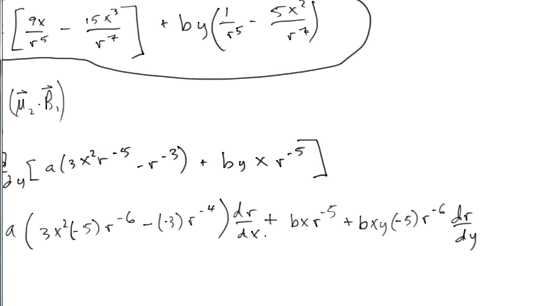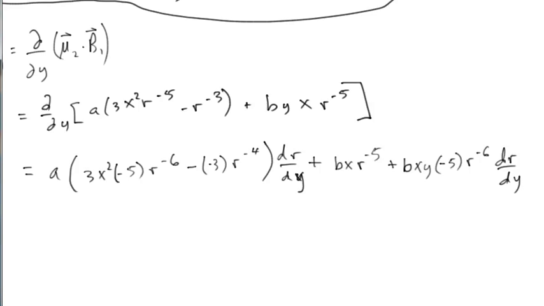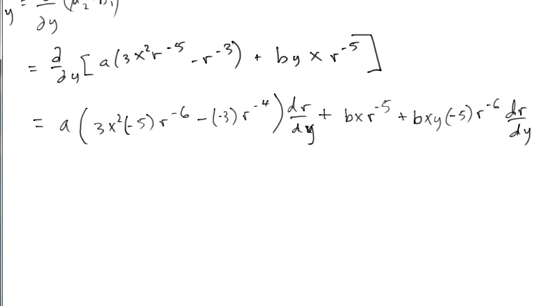I got to straighten that out. That's dr by dy. I'm taking the derivative with respect to y this time. Partial. So let's simplify that a little bit. That's a times minus 15x squared over r to the 6, and then plus 9 over r to the 4th.